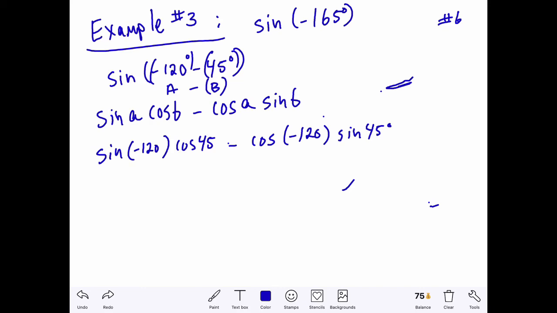Okay, and if we're having trouble thinking, well, what's a negative 120, don't be afraid to draw it and move it, right? Initial side here on the positive x-axis. And let's go 90 plus how much more to get to 120? Well, another 30. So I essentially have this reference angle of a 60 in the third quadrant.